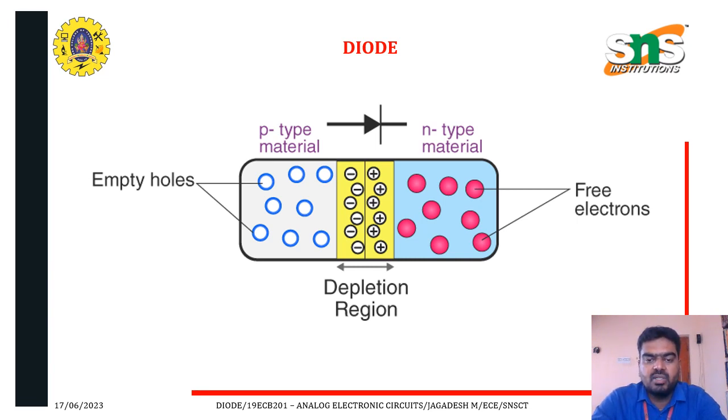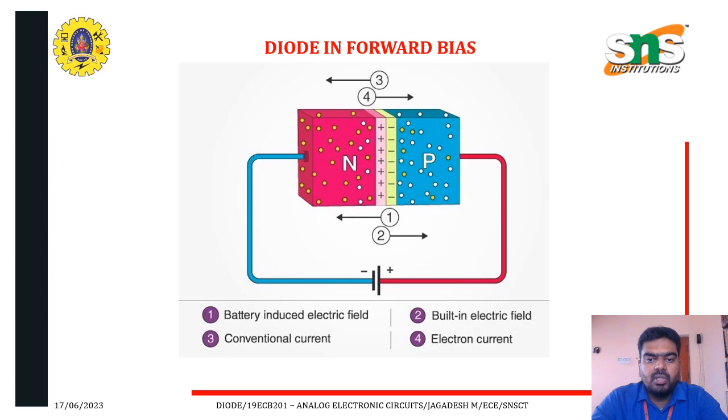Based on the material we use, the depletion region potential varies. If you are using silicon, it will be 0.7 volts, and if you're using germanium, it will be 0.3 volts. So this is the simple PN junction diode construction.